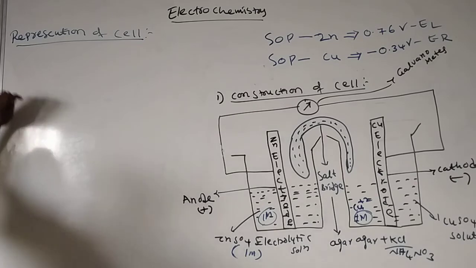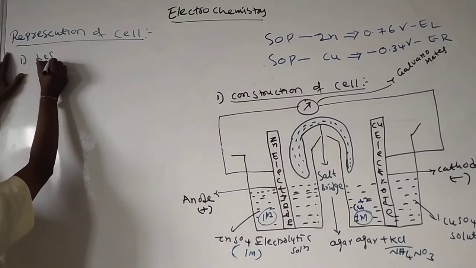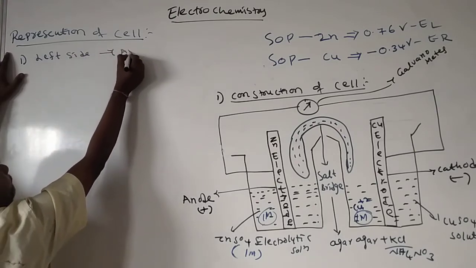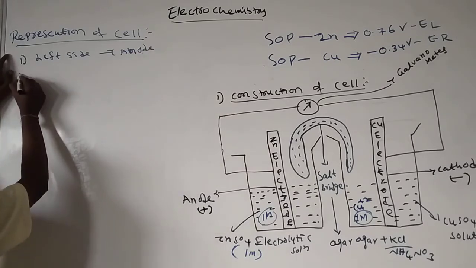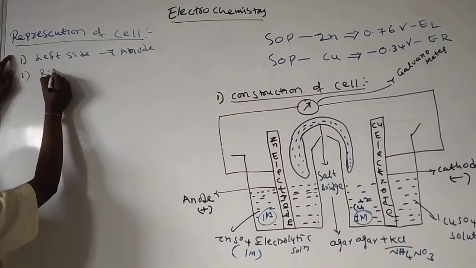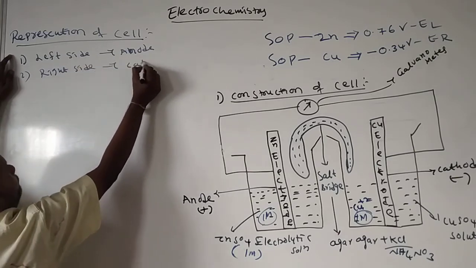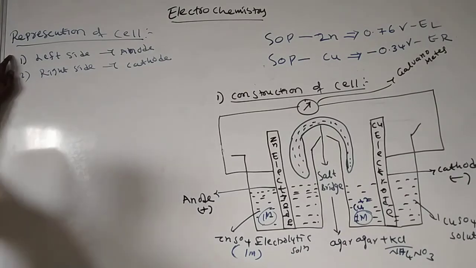First rule: left side, write the anode. Second rule: right side, write the cathode.